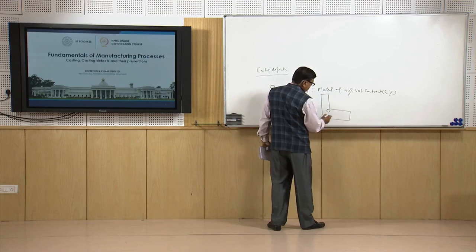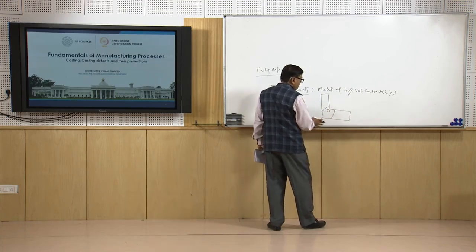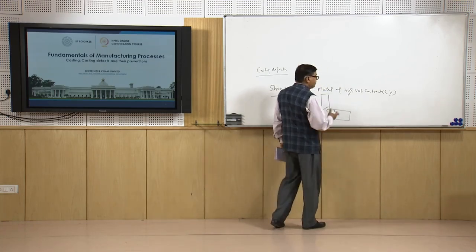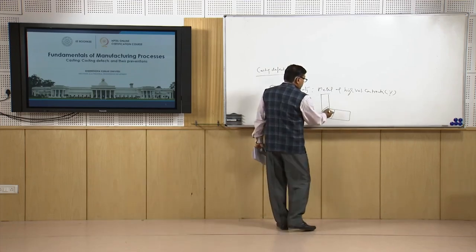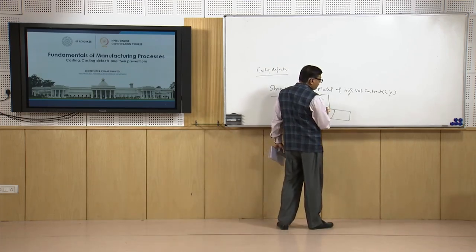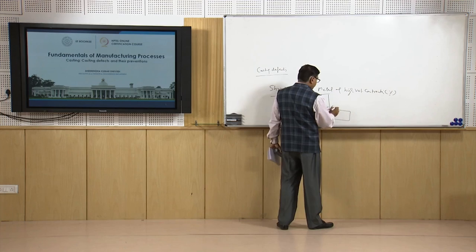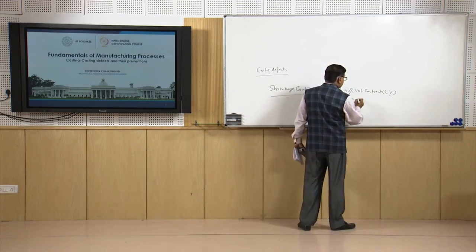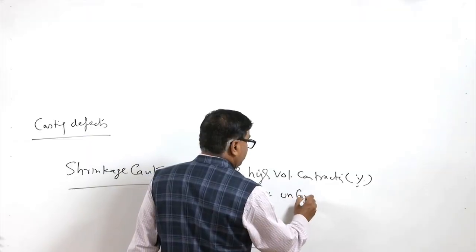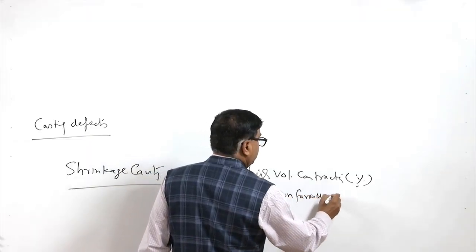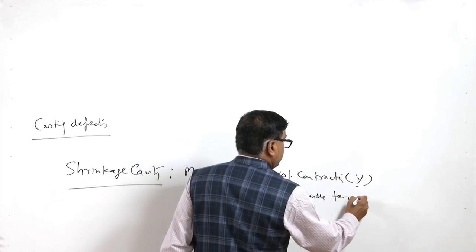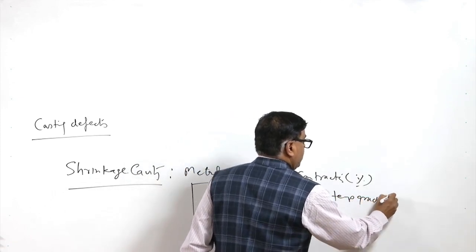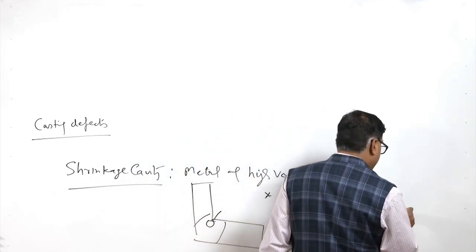So, this is the section, this is the large mass which will be solidifying at the end, due to the unfavorable temperature gradient. So, this large mass will be left unfilled at the end and will lead to the defect in the casting. So, this basically happens due to the unfavorable temperature gradient which is not leading to the directional solidification.